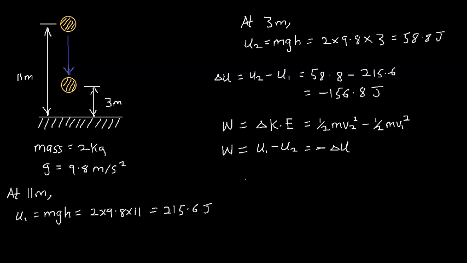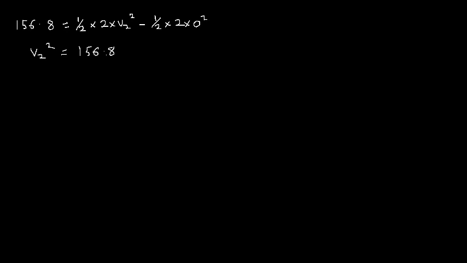So we know that the work done by gravity on the object is equal to 156.8 joules. Therefore, 156.8 joules, which is the work done, is equal to half of 2 times v2 squared minus half of 2 times 0 squared. And so v2 squared equals 156.8. And we obtain v2 as 12.52 meters per second.